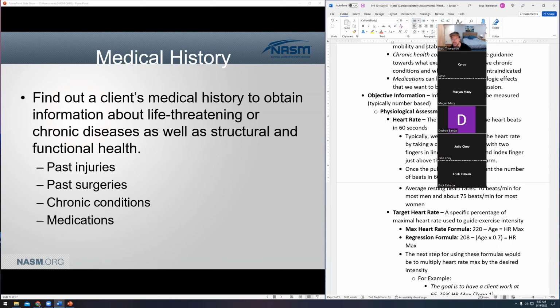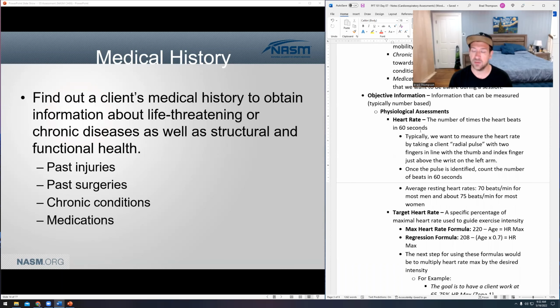Let's say I'm asking Cyrus, hey, do you have any past injuries or have you had any surgeries? And he says yes, and it informs me of them. I can be like, oh, my grandmother had that, and it pivots into a conversation, and now we're building rapport, which is another very valuable thing to do during this section.